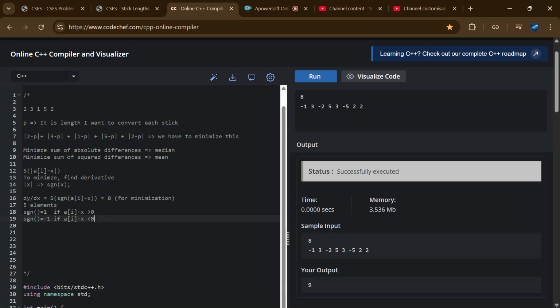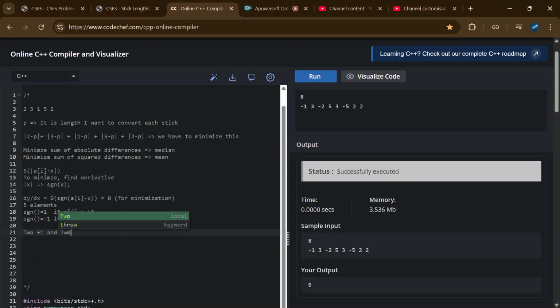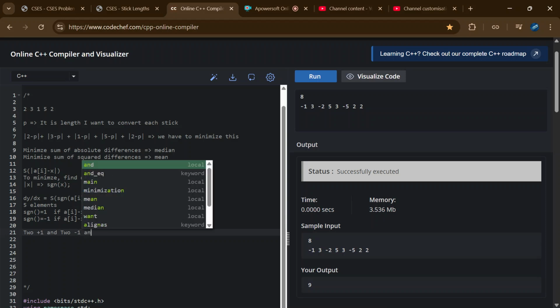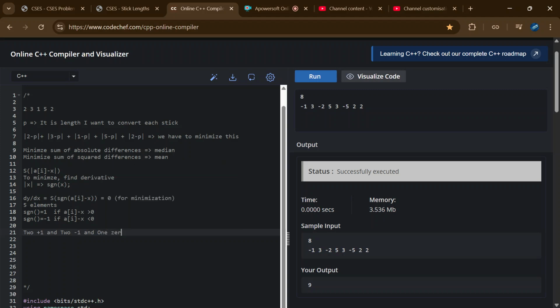And what is signum of 0? Signum of 0 is 0. So if there are 5 elements, I want 2 of +1, 2 of -1, and 1 of 0.